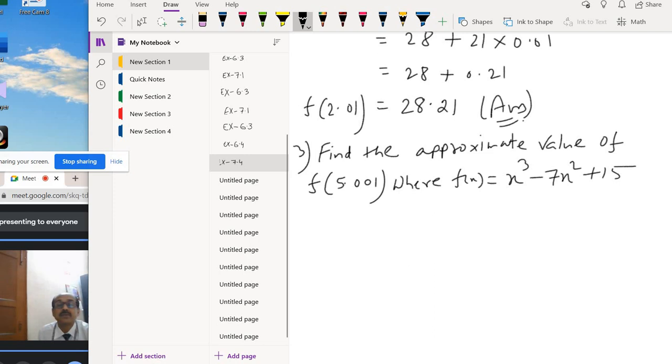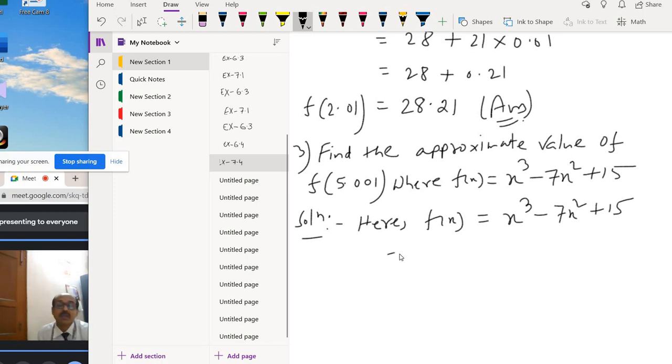Okay, so here f(x) equals x cube minus 7x square plus 15.